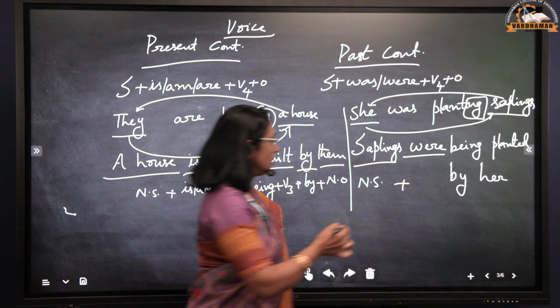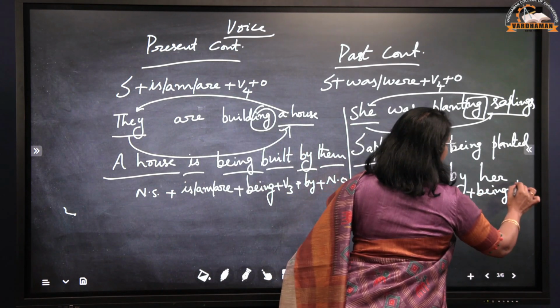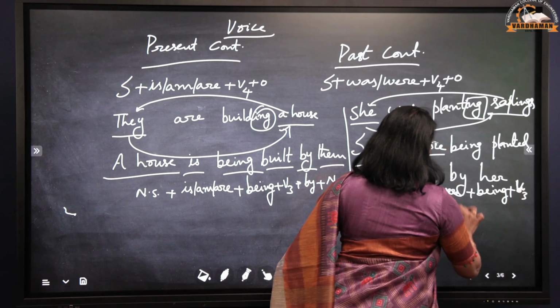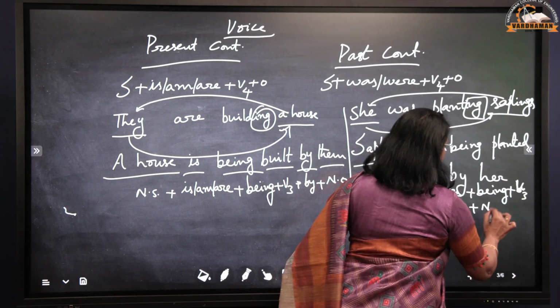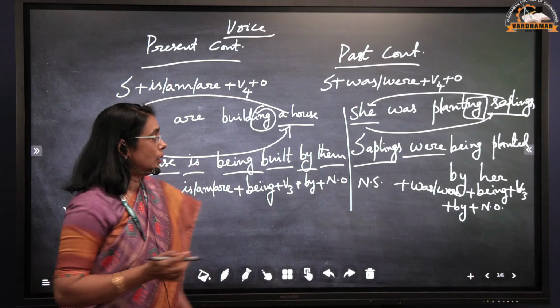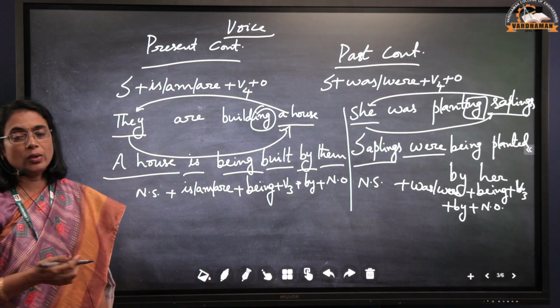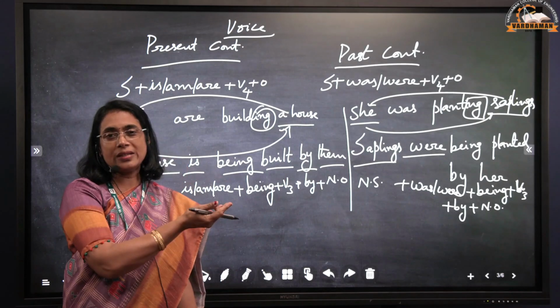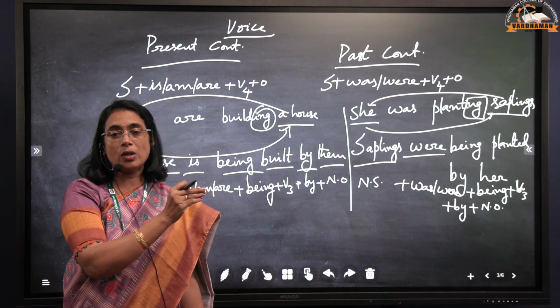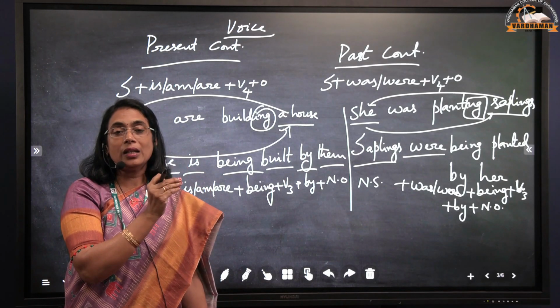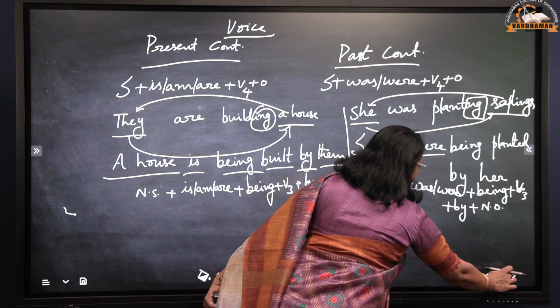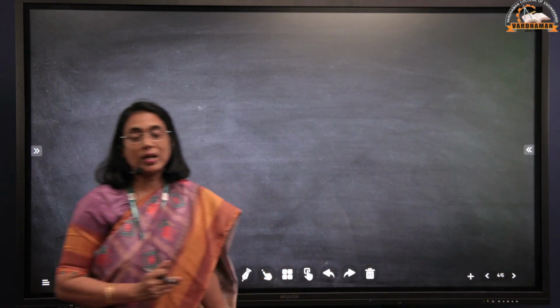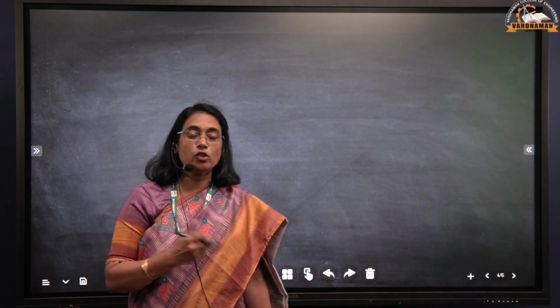That is was or were plus being, V3 form of the verb plus by plus new object. So if you remember this structure, you can convert any sentence from active voice to passive voice. This is the only structure. In present continuous, past continuous, you come across the word being in the passive form. And anyhow, future continuous we can't convert. We can't convert future continuous from active voice to passive voice.